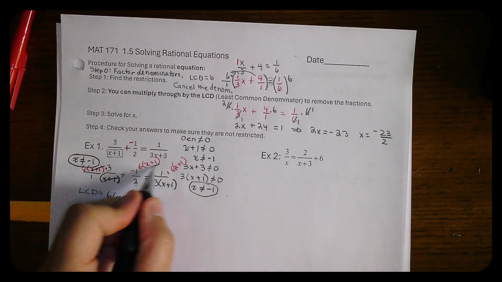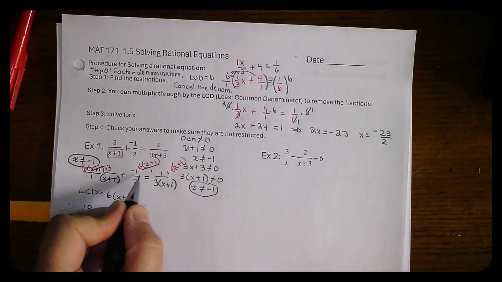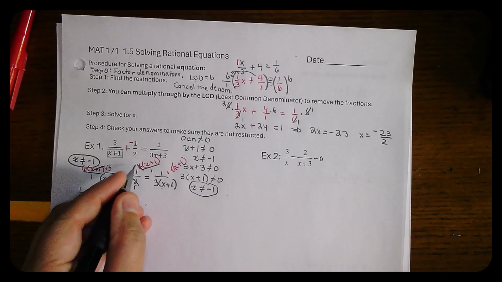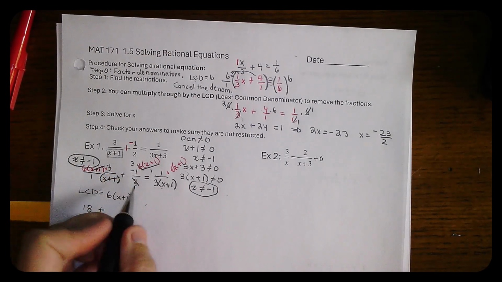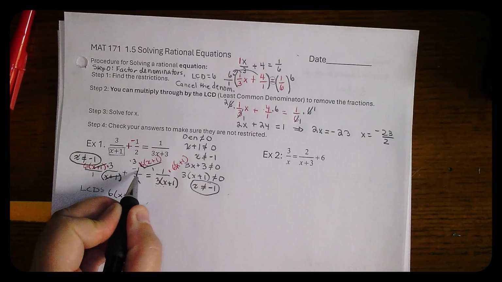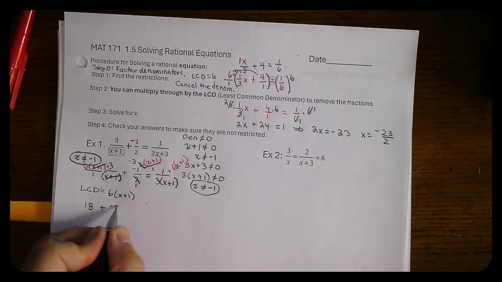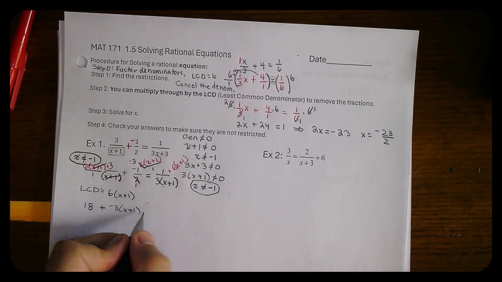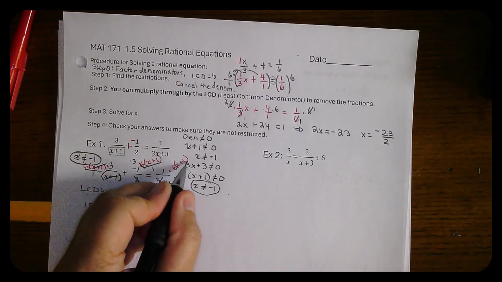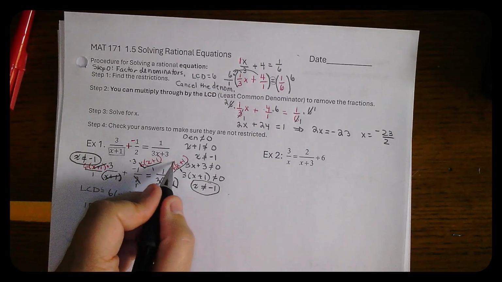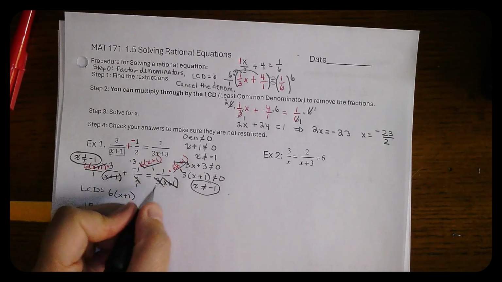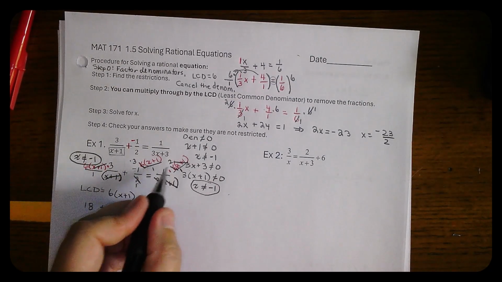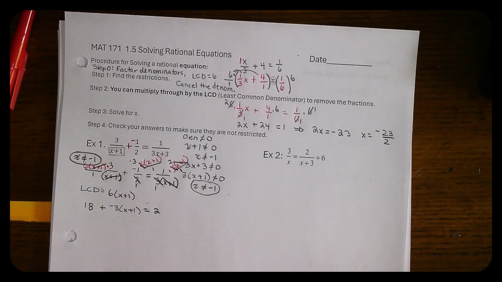And then here, negative 1/2 times 6 times x plus 1, this 2 goes into 2 once, and this 2 goes into 6 3 times. So you get, this is all multiplication, negative 1 times 3, which is negative 3 times x plus 1 over 1. No more fraction. And then over here, this is over 1. So this x plus 1 cancels with that x plus 1, and 3 goes into 3 once, and 3 goes into 6 twice. So 1 times 2 is 2, and no more fraction.